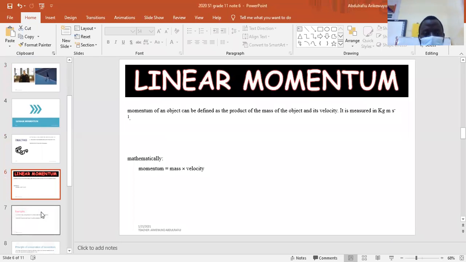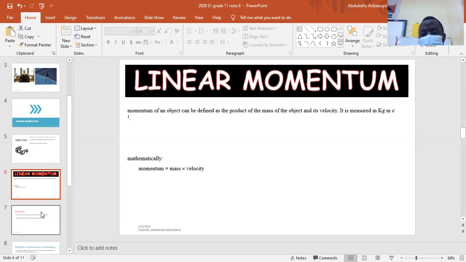All right, so what is linear momentum? The momentum of an object is defined as the product of the mass of that object and its velocity. You can see there that momentum is equal to mass multiplied by velocity.